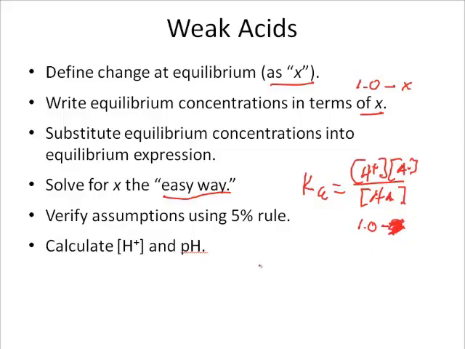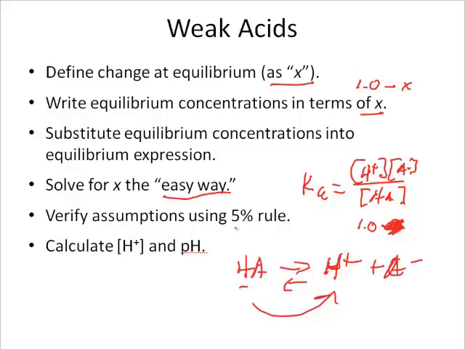Because we know that in this equilibrium, the amount of H that's actually going to go to the product side is going to be super small. So remember, we just ignore that, and that makes the problem mathematically very easily done.